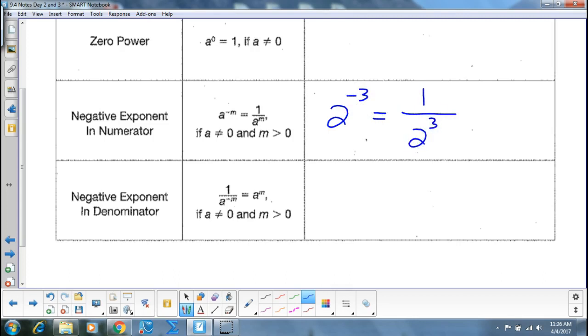Okay? 1 over 2 to the negative third power is 2 cubed. Okay?